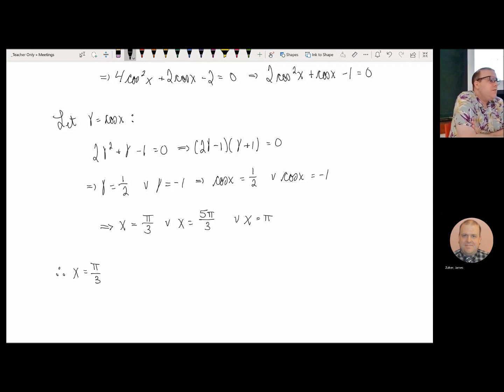We only have one solution. X is only pi over 3. So whenever you do any kind of manipulations on the equation, you're going to have to check.